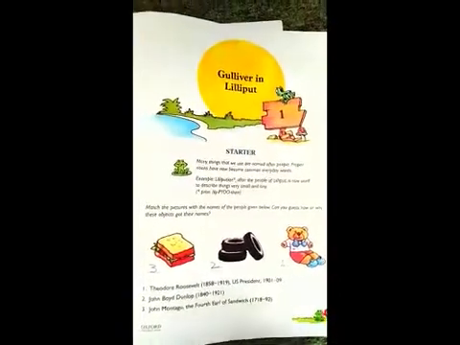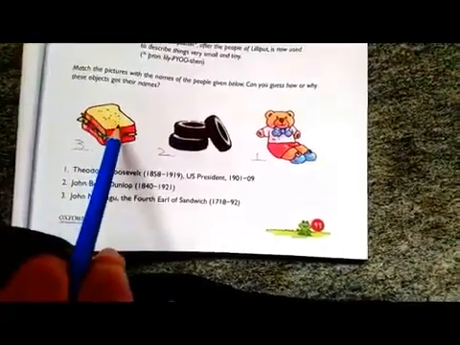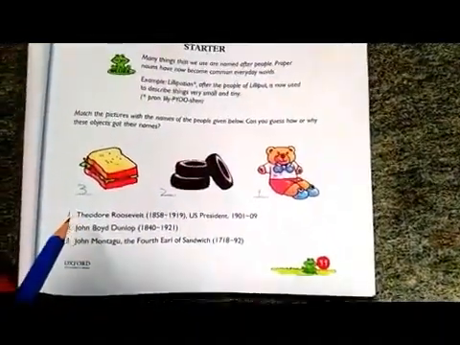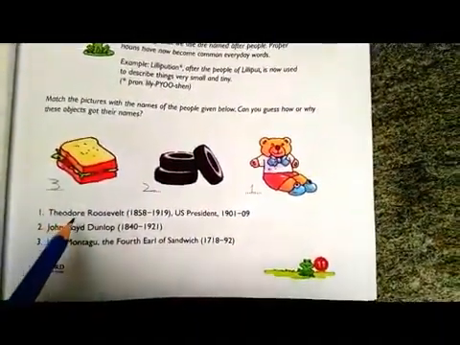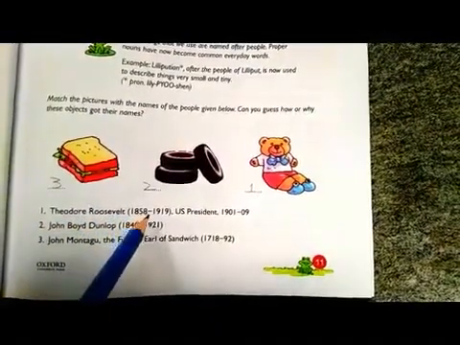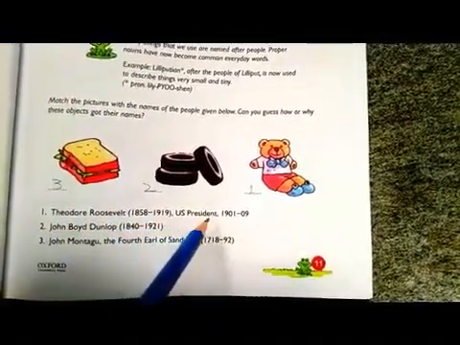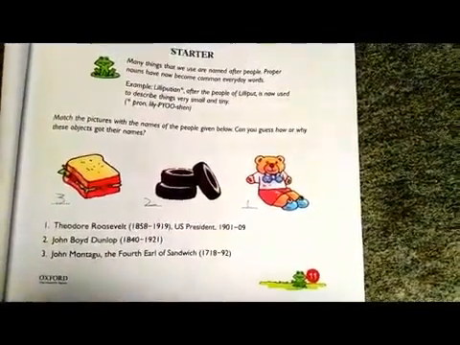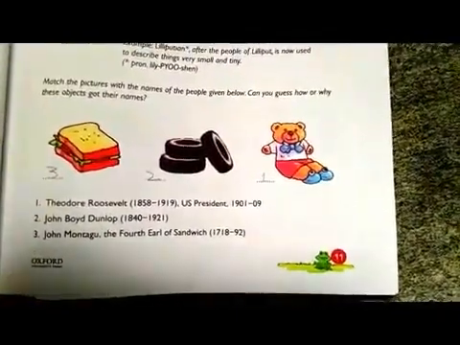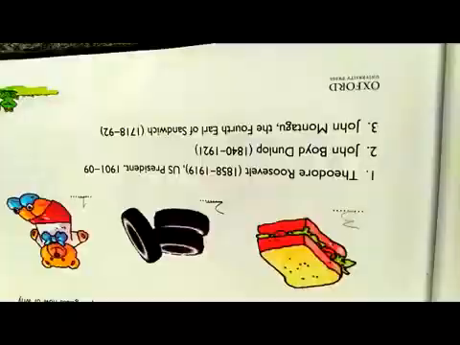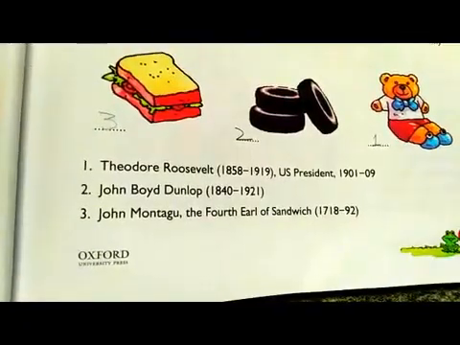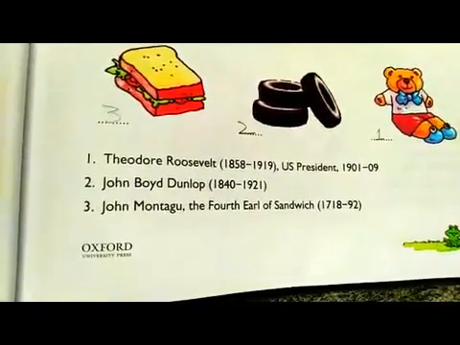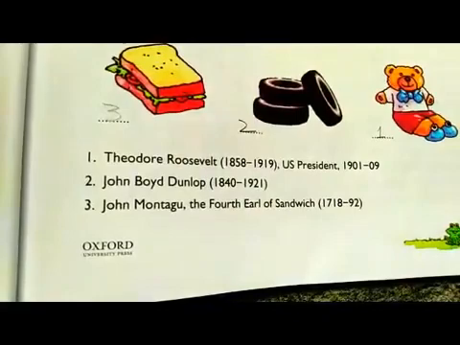First of all, this is a sandwich, these are tires, this is a teddy bear, and they have given you some examples. Theodore Roosevelt, 1858 to 1919, US president. They have given you a hint over here, that was the name of the president. So kids, let me tell you about this. Theodore was president in 1902.